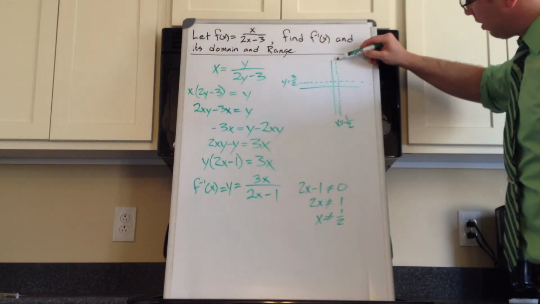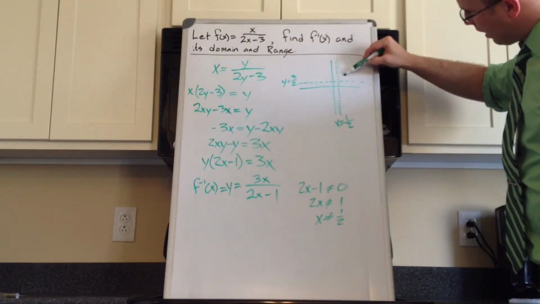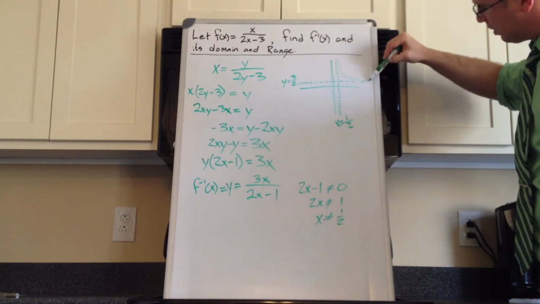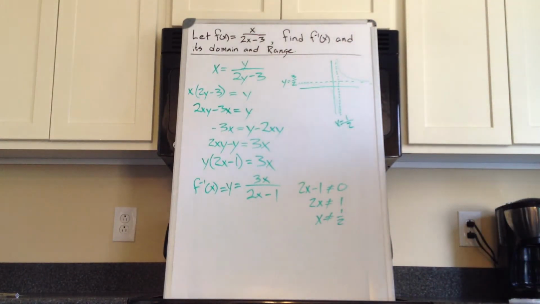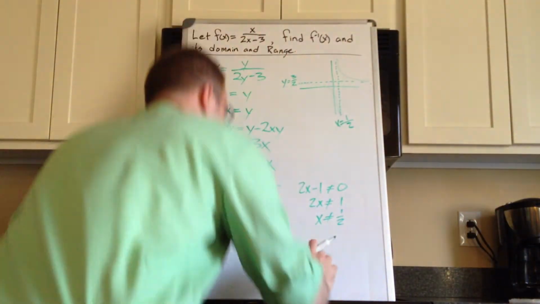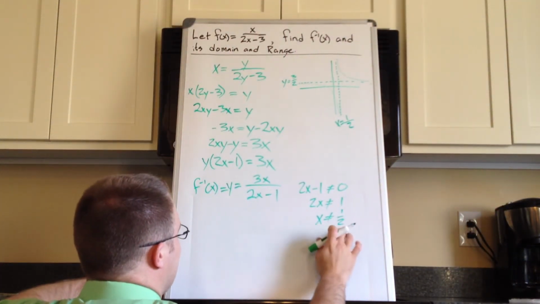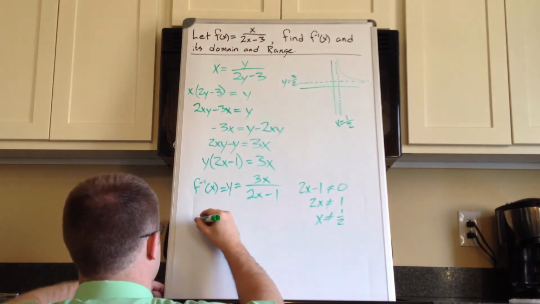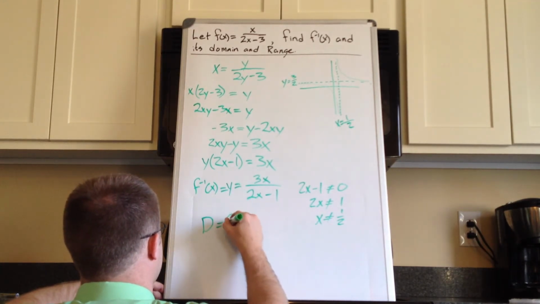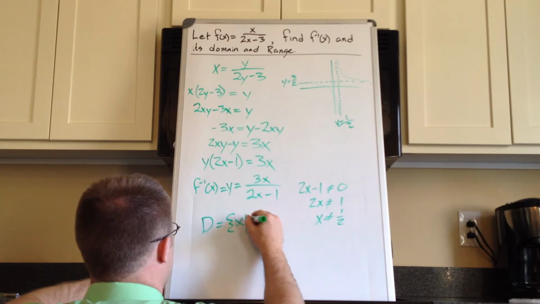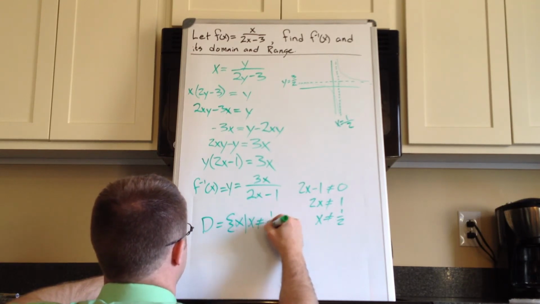And then from the right, it's going to come from way up here, and again, it's going to approach the asymptote y equals 3/2. So our domain is going to be all x except for x equals 1/2. For domain, I'm going to put D equals the set containing x such that x is not equal to 1/2.